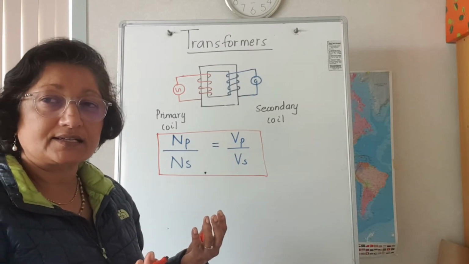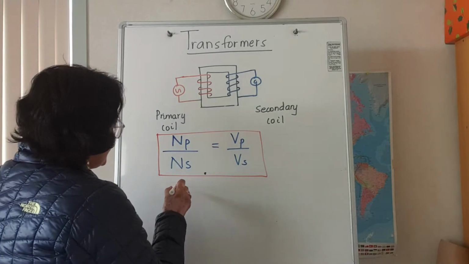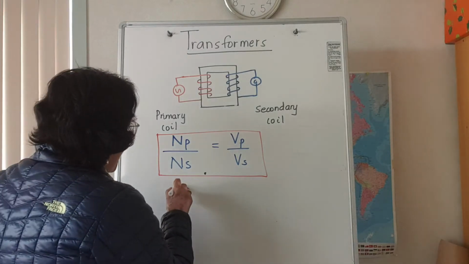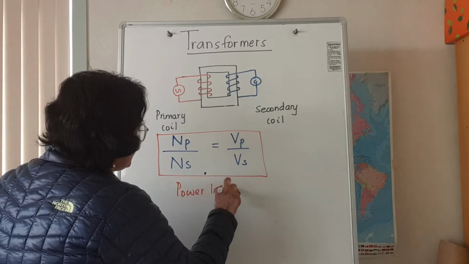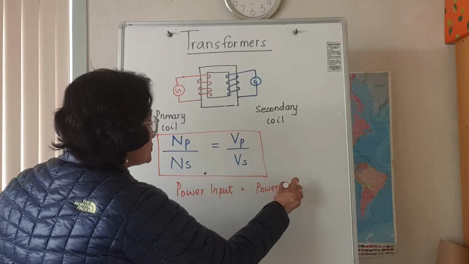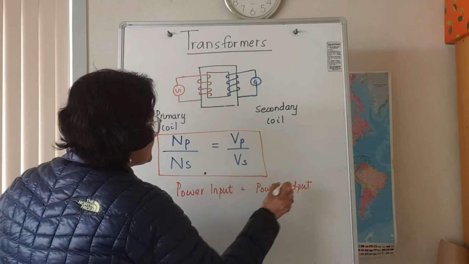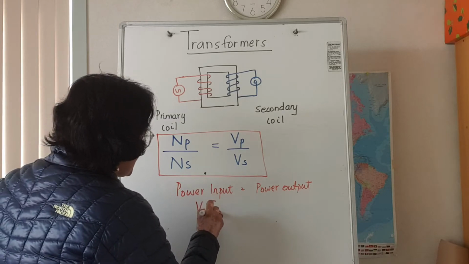But if you look at ideal situations, then we say that whatever power you put in is equal to the power output, because power has to do with the amount of energy spent each second, and power is voltage times current.